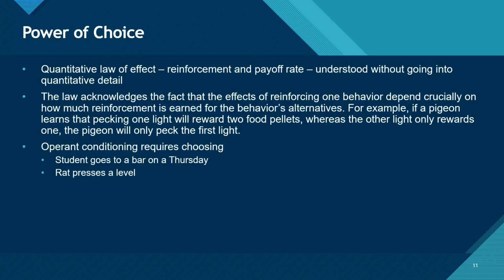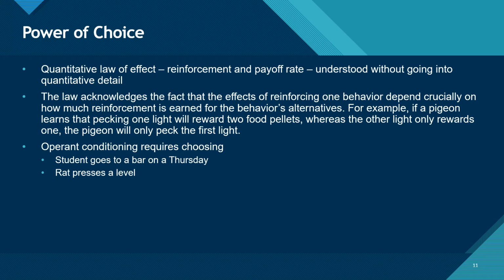So the law acknowledges the fact that things reinforce positive or negative behavior depending on how much is earned, the value. So if a pigeon learns that pecking one light will reward 2 pellets, where the other light rewards 1, the pigeon will peck only the one that will have 2, even though they're both positive. So that's the idea. Operant conditioning requires choosing.